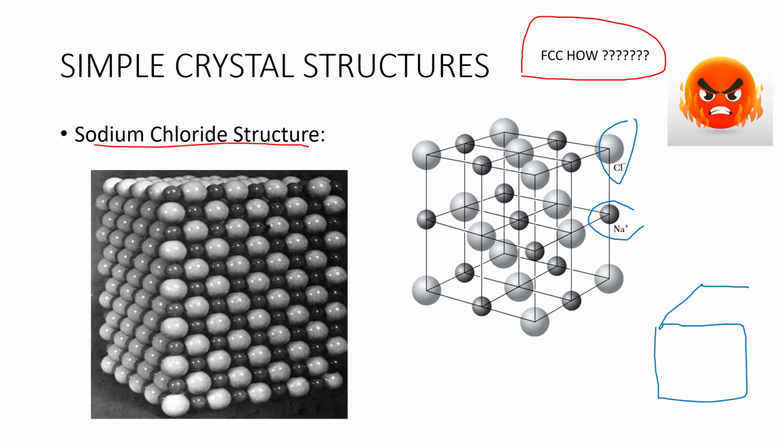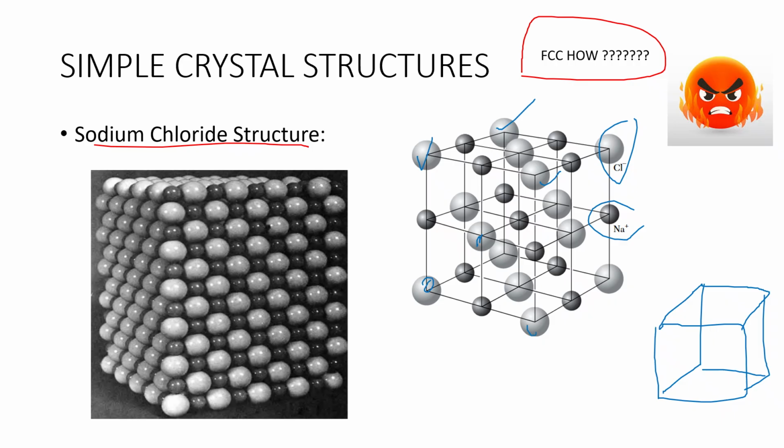Let me draw it and spend some time here because it is worth it. So I'm drawing a cube, and if you just observe the chlorine, it is FCC, at all the corners and in the center of all the faces.